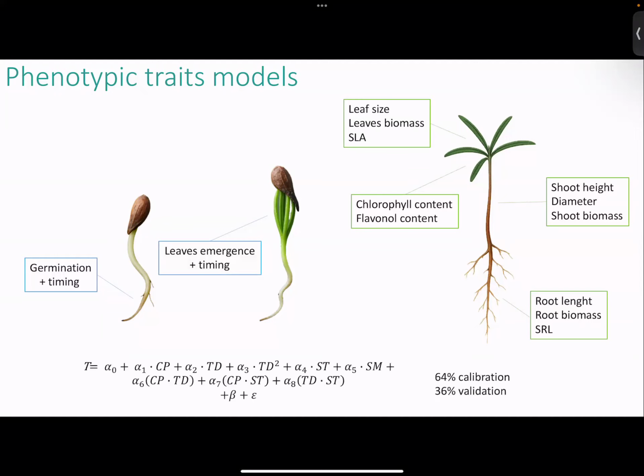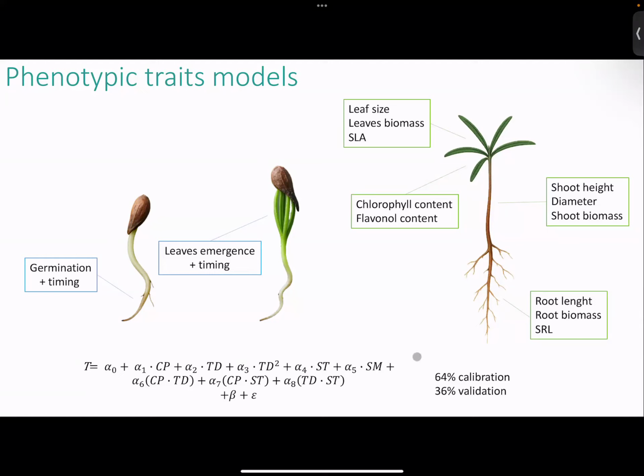The final form of the models is the following, although it's exactly the same as I presented before, with the nuance that as covariables, we added seed mass and also the stratification treatment interacting with the climate of the population and transfer distance to account for potential differences in the dormancy depth between provenances.